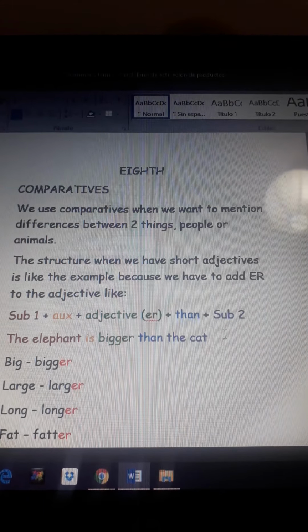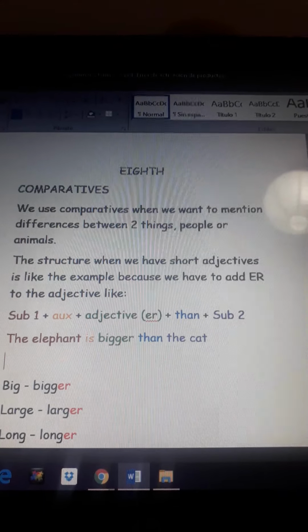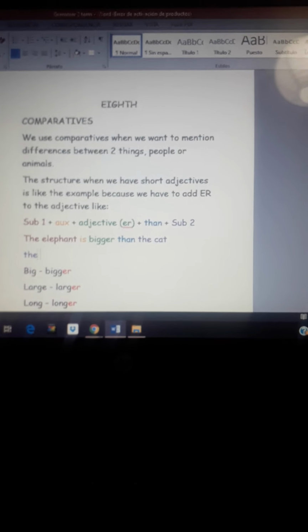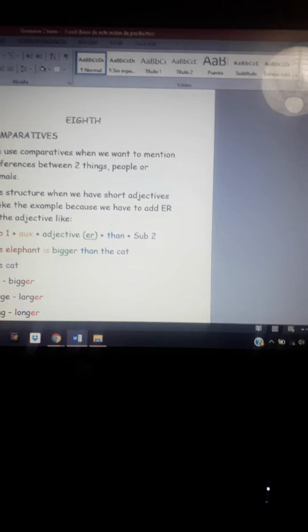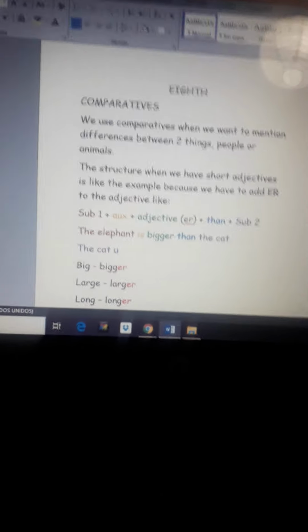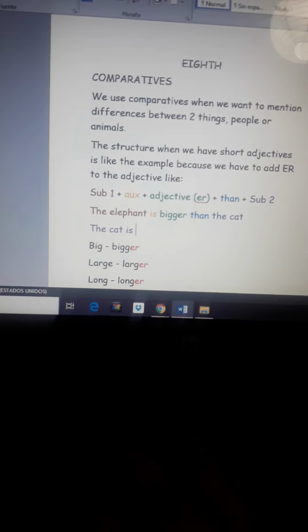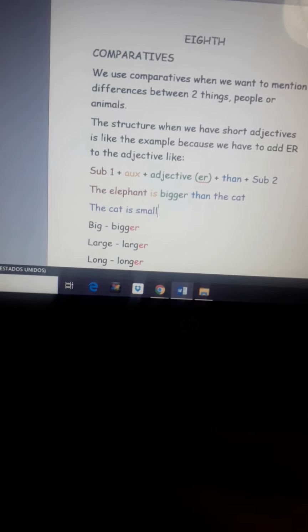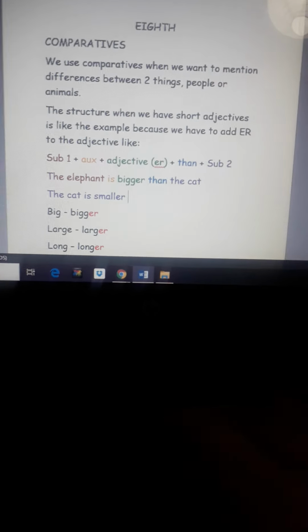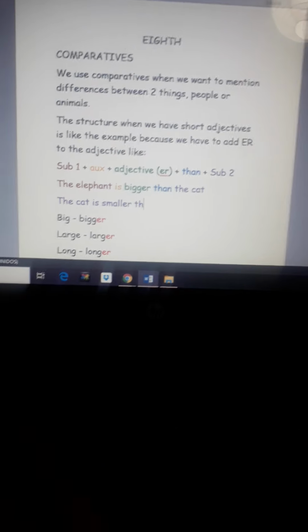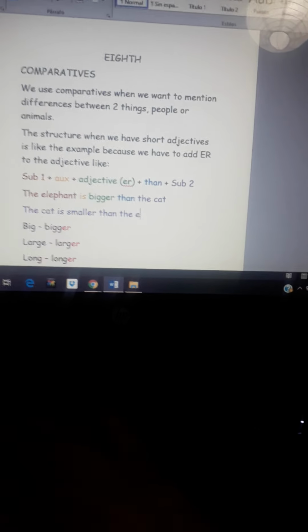Or we can mention it in the other way. We can say, let me move a little bit, the cat is smaller than the elephant.